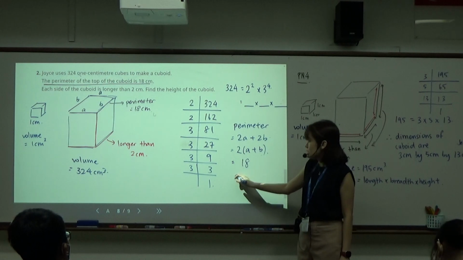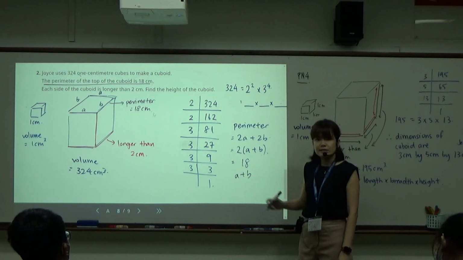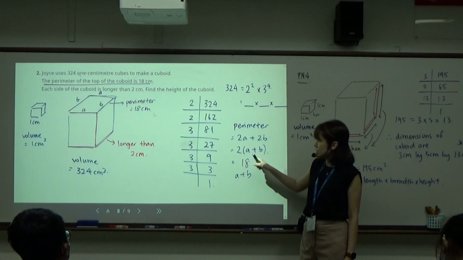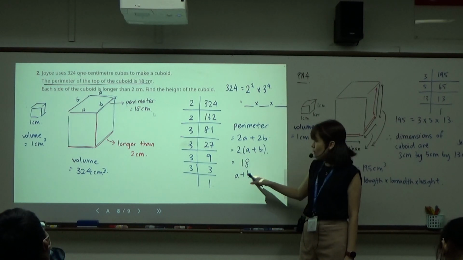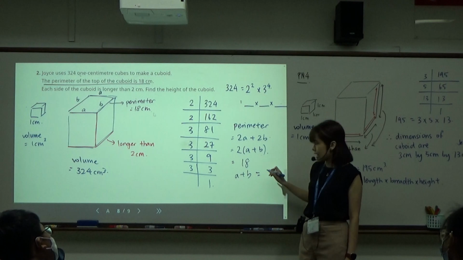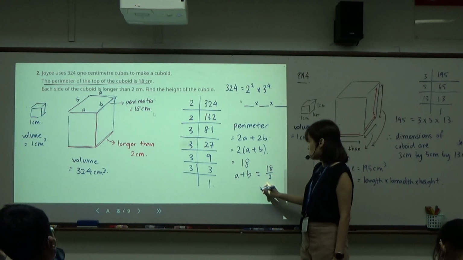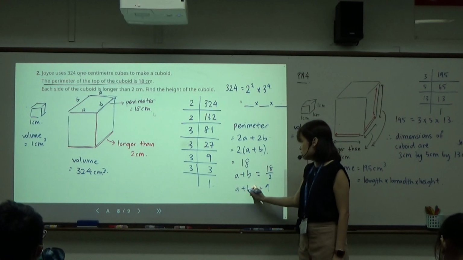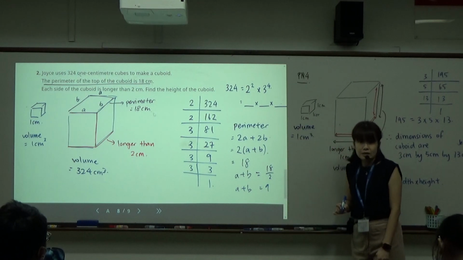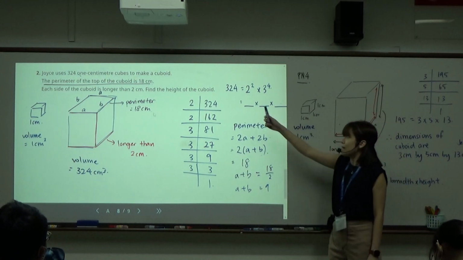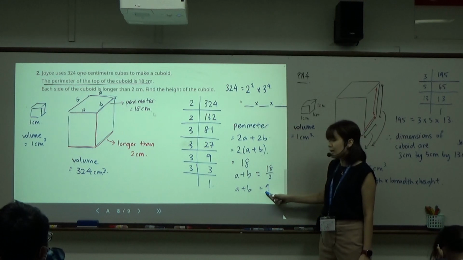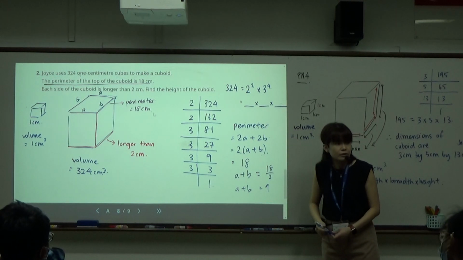Okay? So if I want to find 1 set of A plus B, 2 sets of A plus B gives us 18. 1 set must be equal to 9. 18 divided by 2. Okay? So what this tells me is that my length and breadth must add up to be 9. You agree?